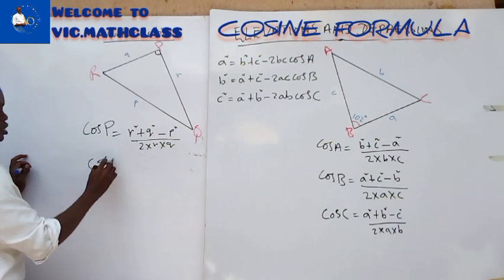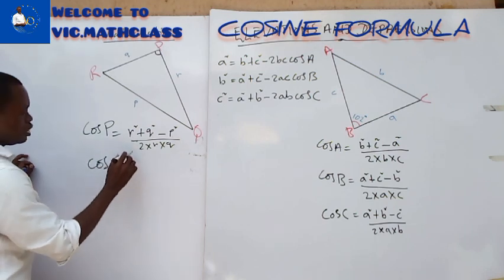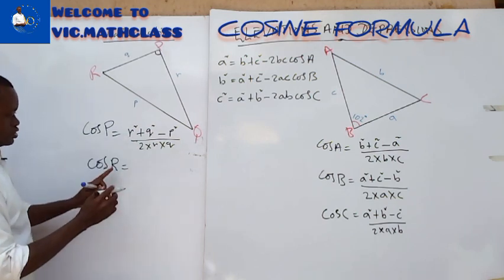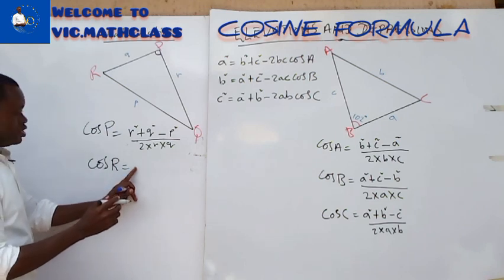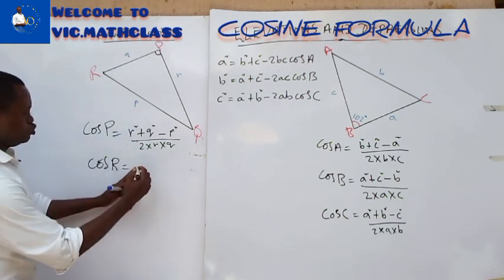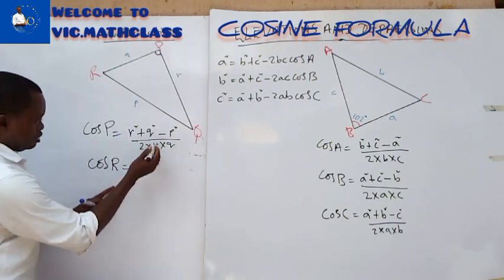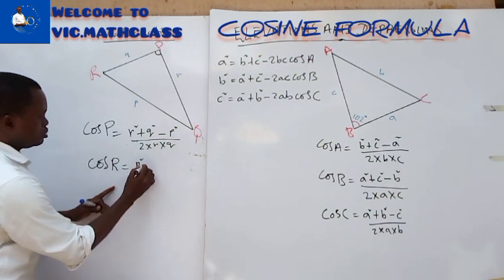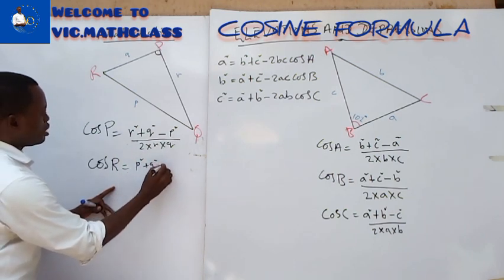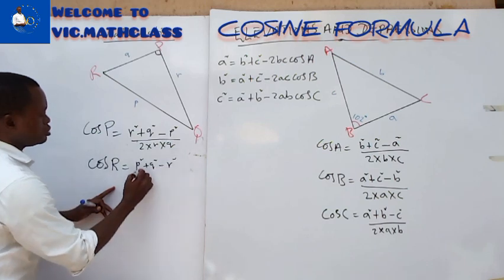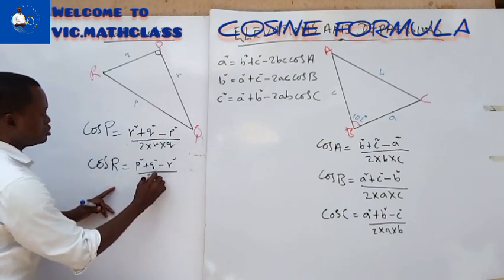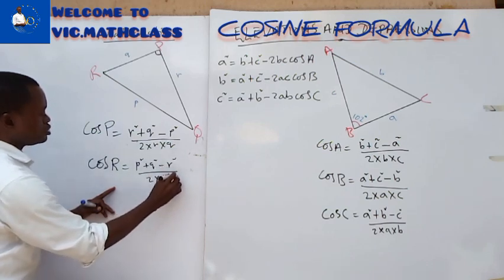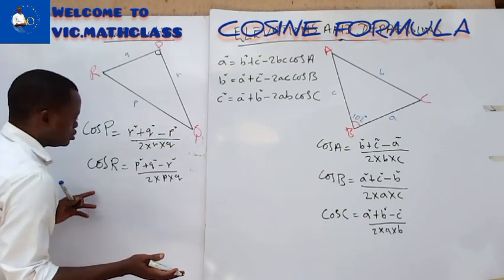So cos r will be, I will now take away, look at what I started with. I can't start with r here again. Then I am going to put p squared plus q squared minus r squared all over 2 times p times q. You can see how easy it is.